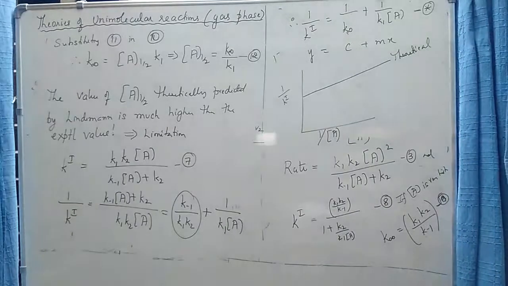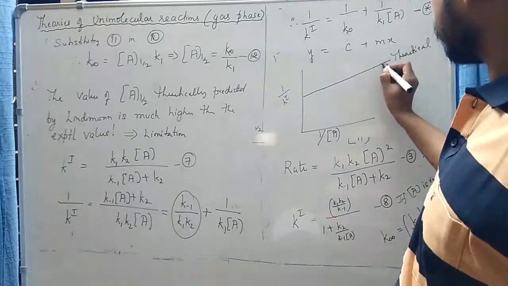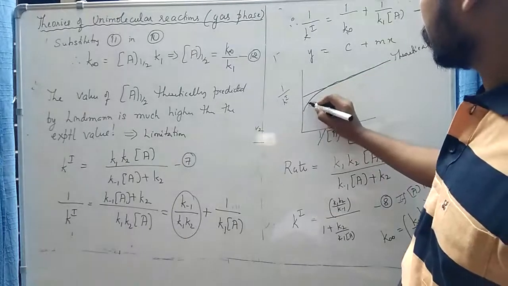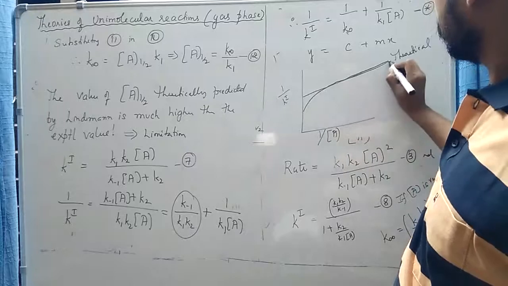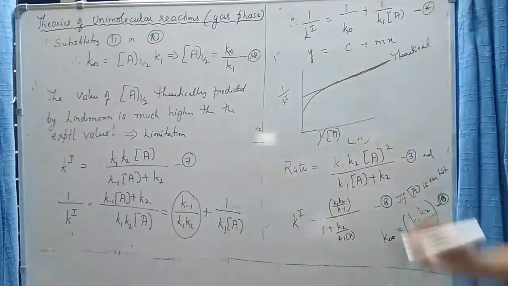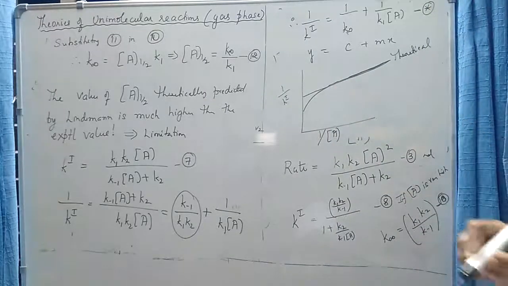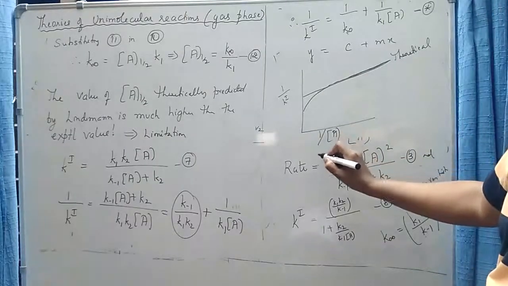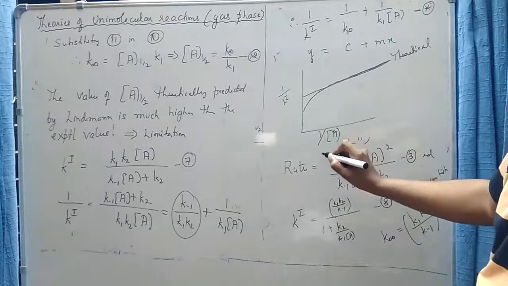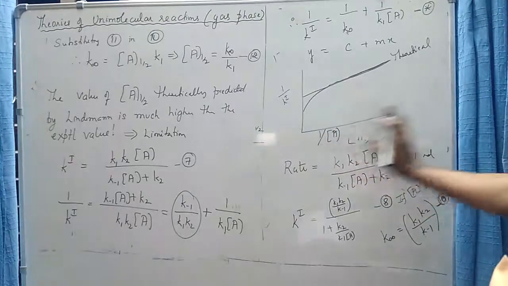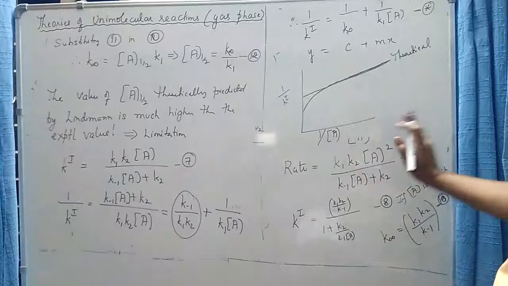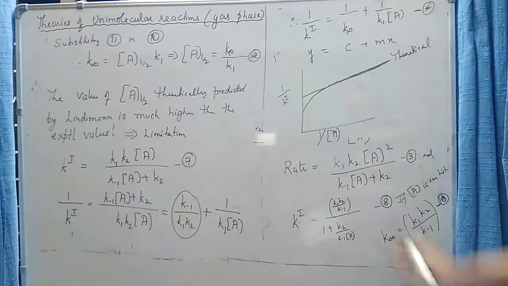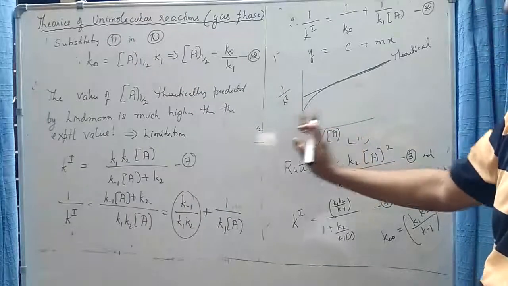But what is experimentally observed is like this. At very low concentration, the straight line behavior is observed. Remember, here I have taken the reciprocal of a, so low concentration means 1 by a is very high. The right side of the x-axis represents low concentration, and the left side represents high concentration, because 1 by a is less.